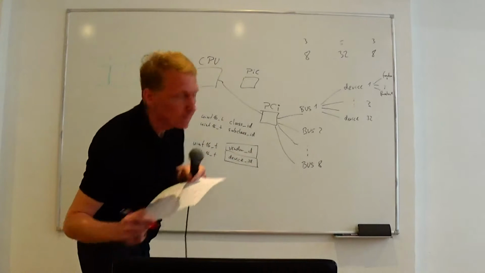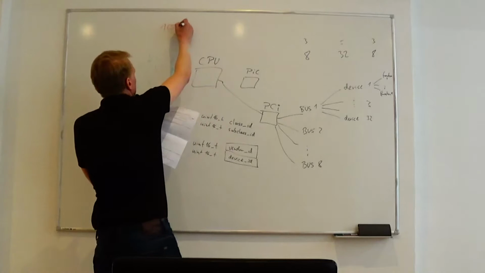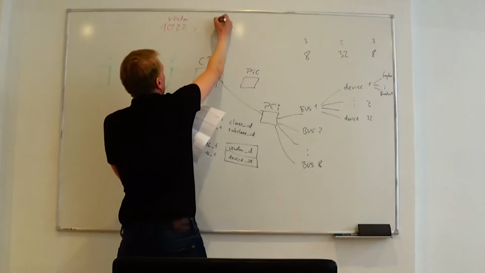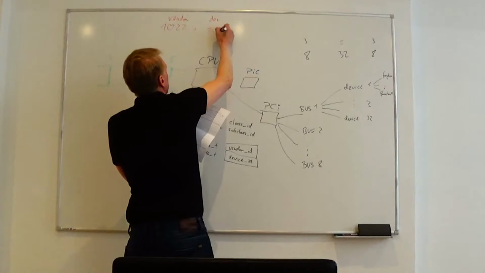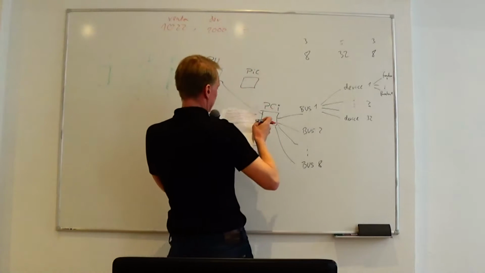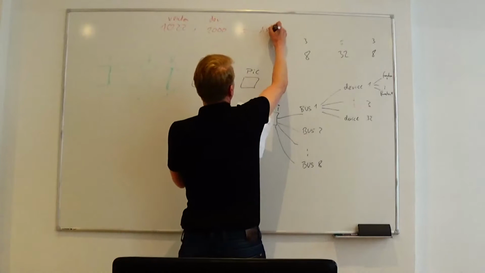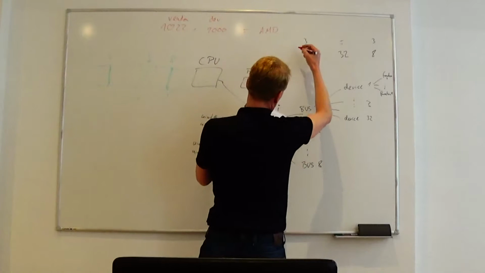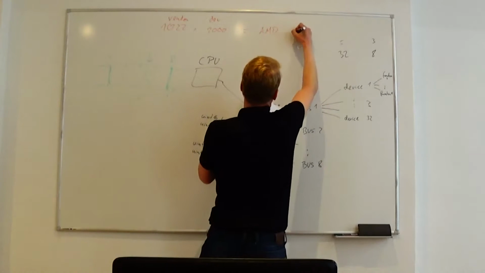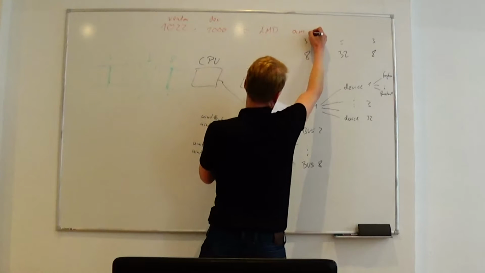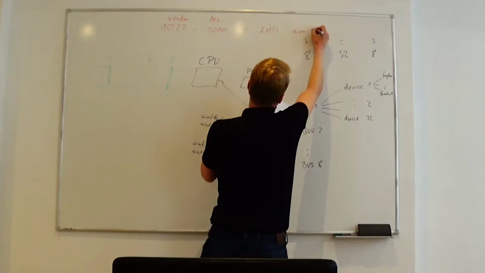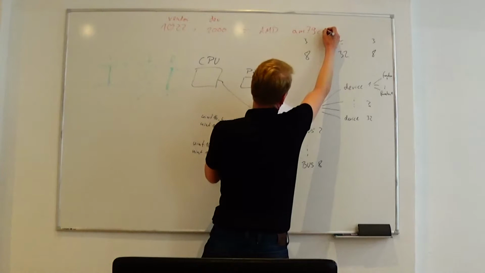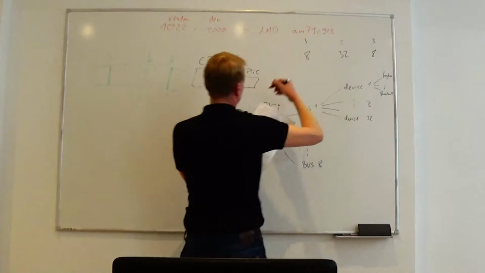So 1022. So this is the AMD network chip for AM79C973.